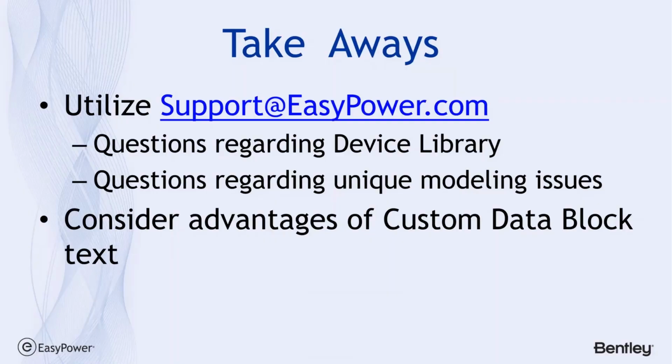Utilize support at EasyPower.com, especially if you have questions regarding the device library. We have an excellent engineer who works full-time keeping the library up to date. And if you find or think you've found a part that's not in the library, by all means, send a data sheet or a request to support at EasyPower.com and have it updated, and you will get a response with an improved model within 48 hours.